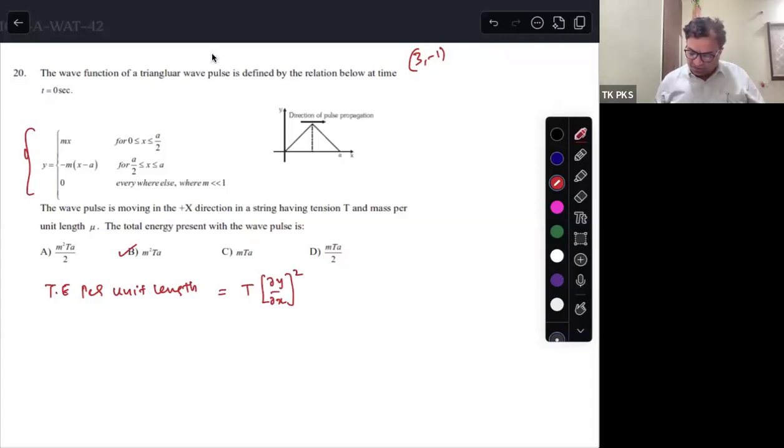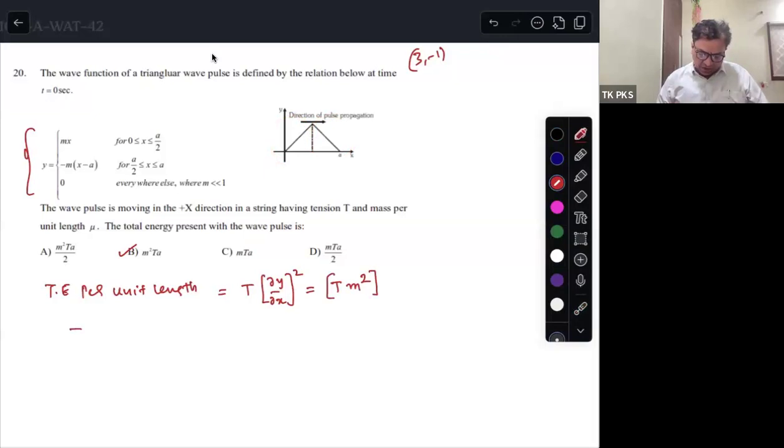See, for this first half portion, second half portion, the slope is the same. So therefore, T into m square, remember this is per unit length, whether it is a left half or right half.